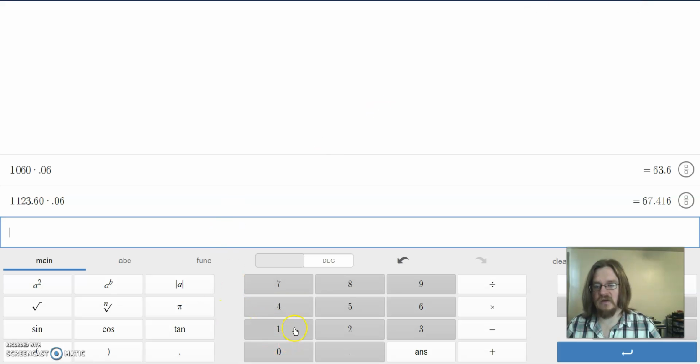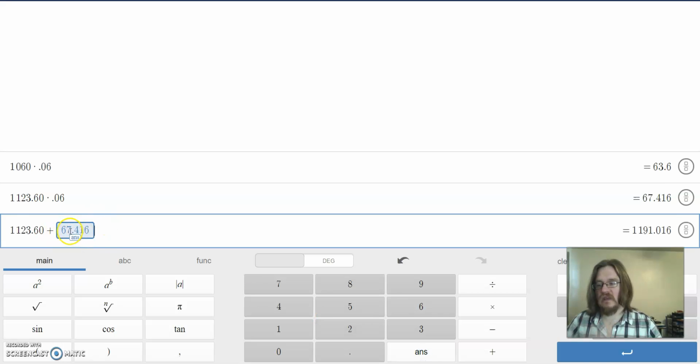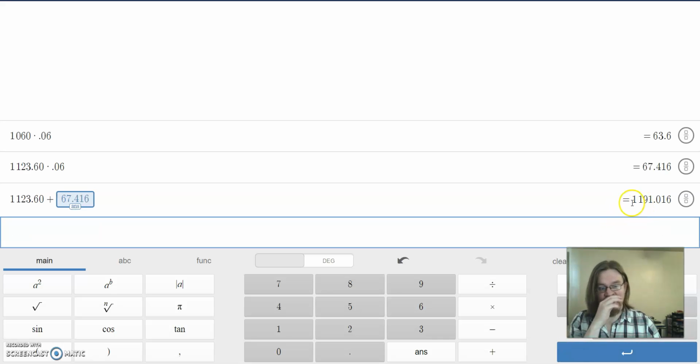So we've got our $1,123.60 plus our interest from last year, which was $67 and a little bit more than 41 cents. If we hit enter, we have 1,191.016. Now, this would be $1,191.016, so that's about 1 cent.